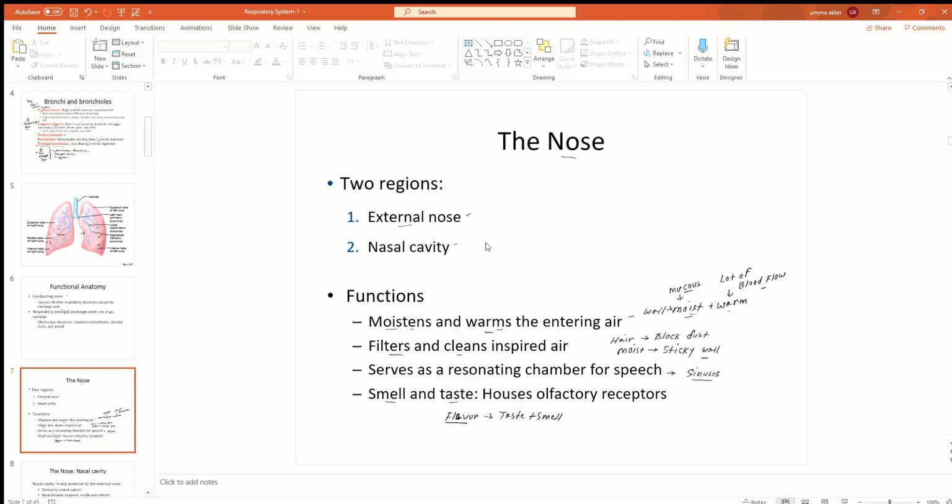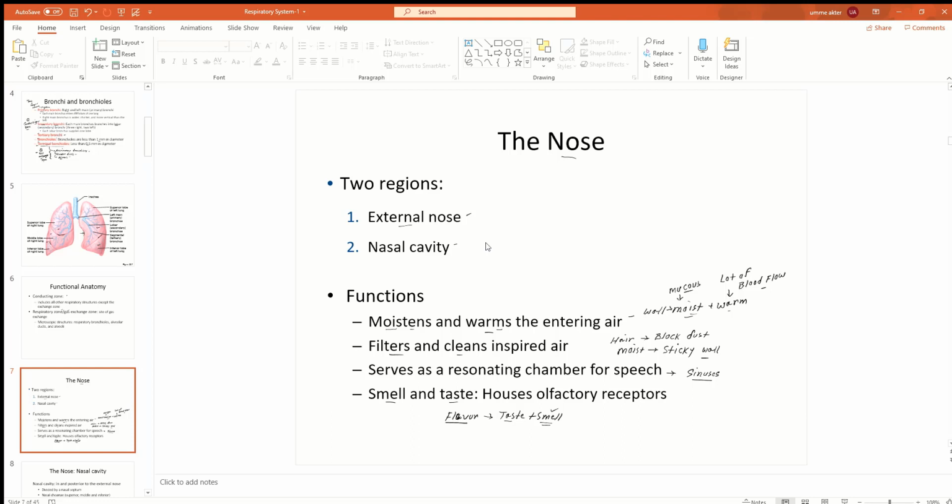And of course we have olfactory receptors, or smell receptors, in the epithelium of the nasal cavity, and that helps you to smell with the nose. And also we know that without smell we will not really enjoy the taste of the food.